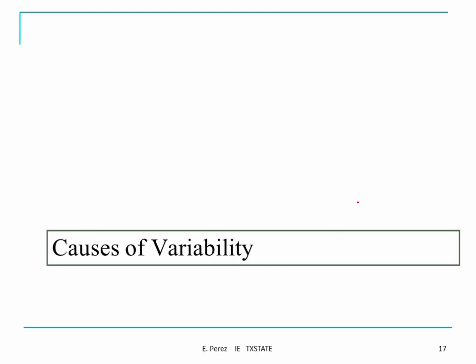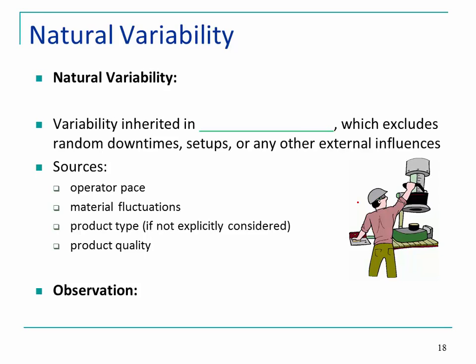We're going to start with what we name natural variability, and this is variability without explicitly analyzed cause.